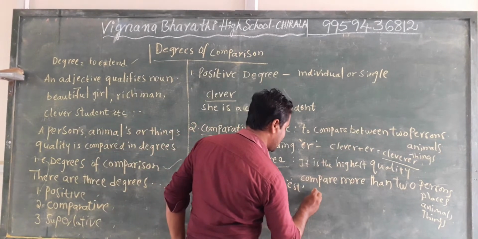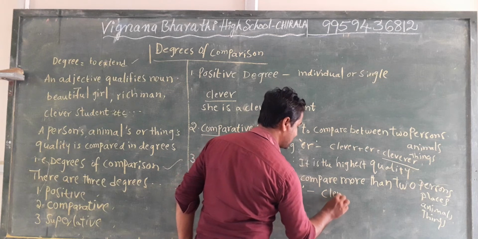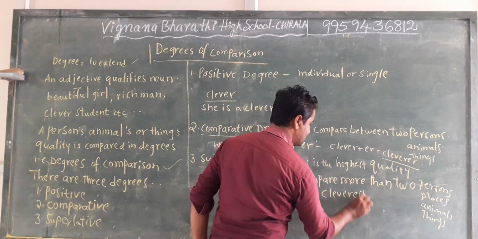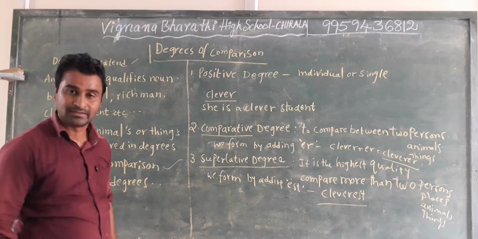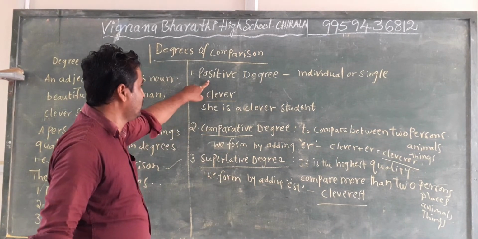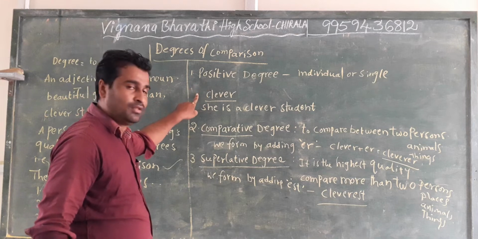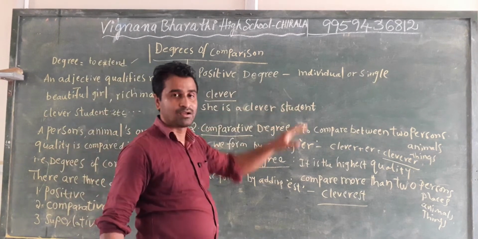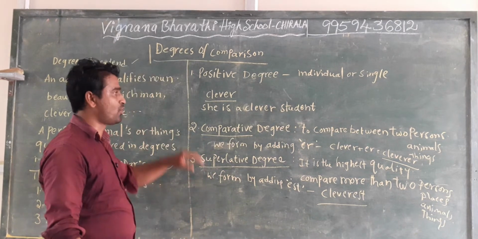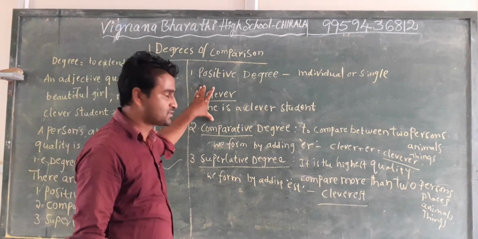For example, clever, cleverer, cleverest. So this becomes a superlative degree. In positive degree, only a single person's quality is spoken.